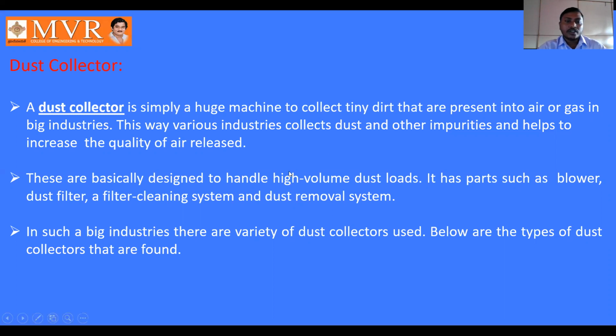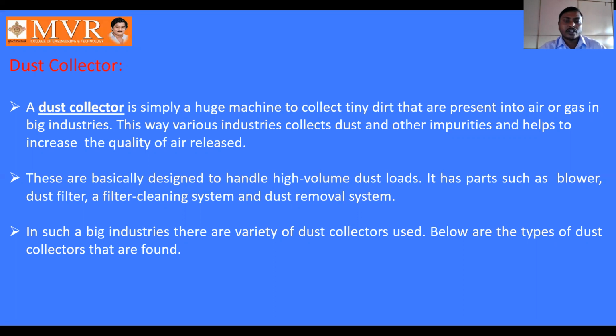These are basically designed to handle high volume dust loads. It has parts such as a blower, dust filter, a filter cleaning system, and a dust removal system, which we use here for collecting dust particles and impurities.